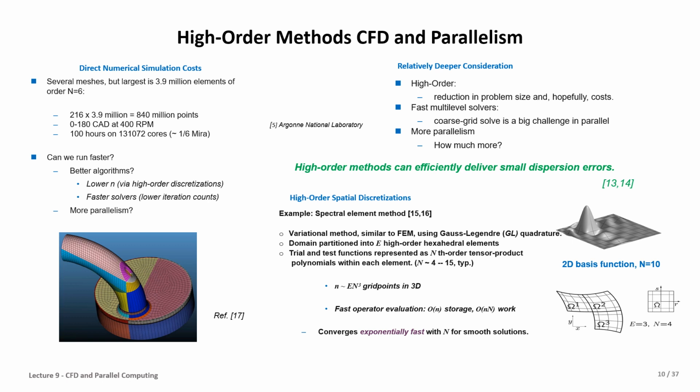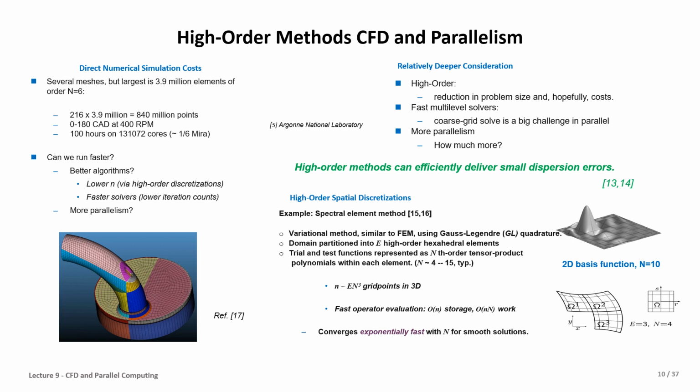How about the direct numerical simulation? Let's have a look at an example. Here is an example which had 3.9 million elements of order 6. There are 840 million points, and with a setup on 131,000 cores, it takes 100 hours to run this simulation.